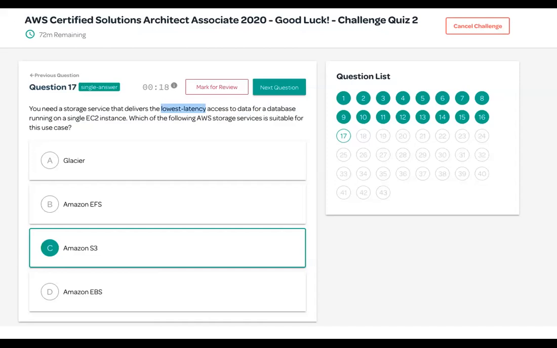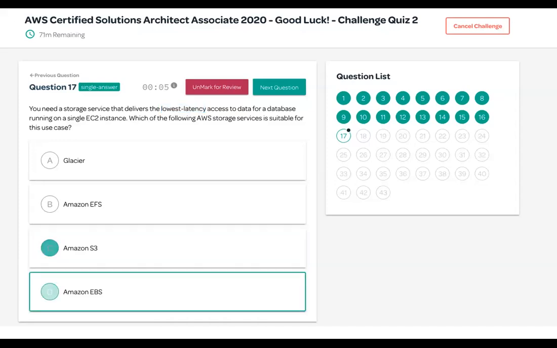I'm confused, let's mark this here. Do they have cost as a parameter? No. I might go with EBS because that will prove to be faster than S3.